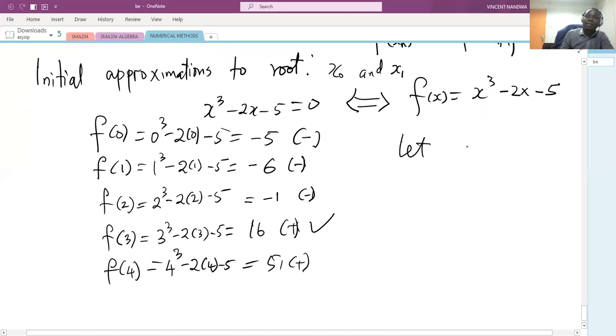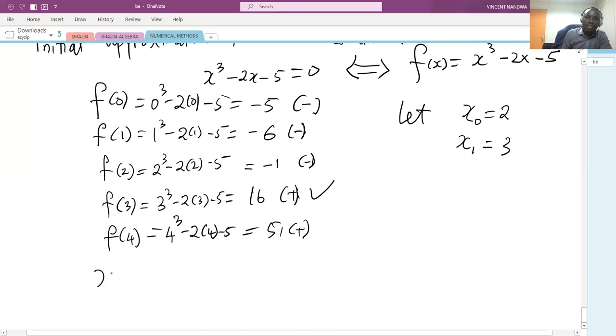So then we can let x0 be 2, and let x1 be 3. That tells us that a value between 2 and 3 will be a root to the given equation.